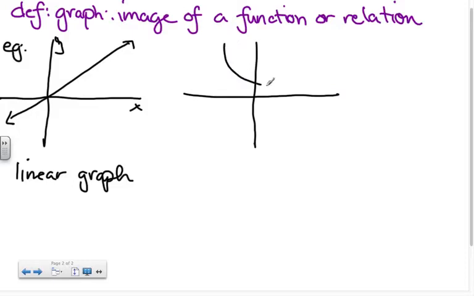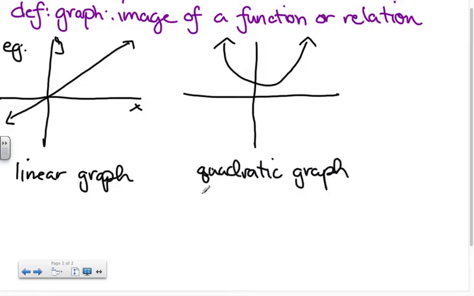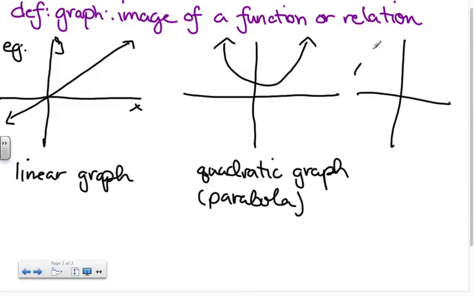And over here is a quadratic graph. This is also known as a parabola. Or you can see something, it doesn't matter, it can have any kind of shape that you want. These are just a few common graphs that you can see.